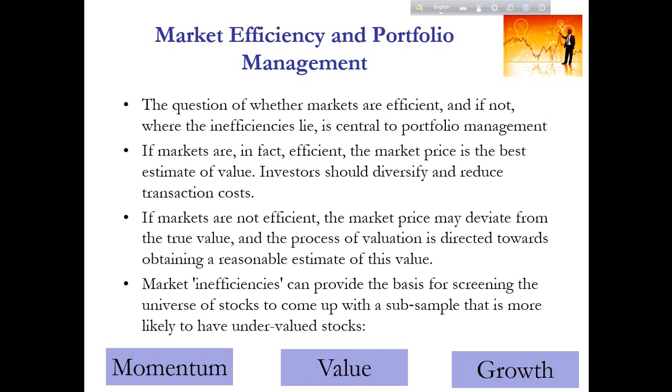Three of these potential screening strategies that we are going to look at throughout this course are momentum, value, and growth. There is a large quantity of academic research that suggests that each of these methods may have some merit in terms of identifying undervalued stocks using various mechanisms of screening.